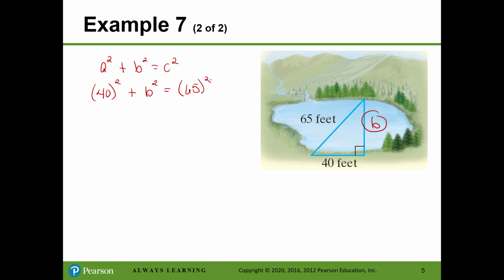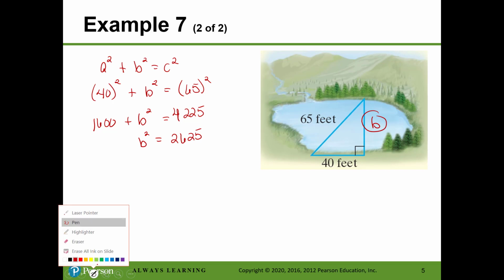Okay, so 40 squared, I know you guys got your calculators out, right? Okay, 65 squared, yeah, you got your calculators out again. Just start solving. Minusing that 1600 from both sides. And then you get to take the square root, don't you?